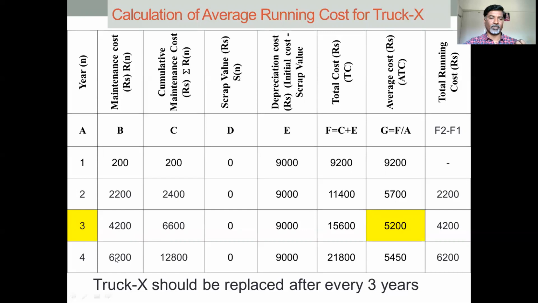Cumulative cost will be previous year cumulative cost plus maintenance cost of current year, and you can calculate depreciation cost, total cost, and average cost. Once you calculate average cost, you have to compare it with the previous year's average cost. It is observed that the average cost has increased in the fourth year.